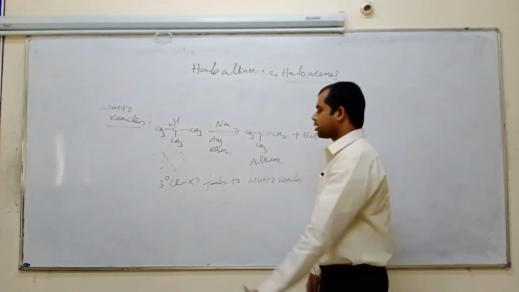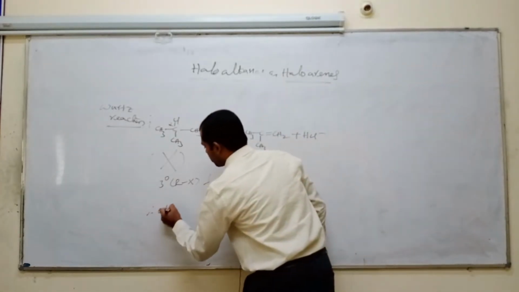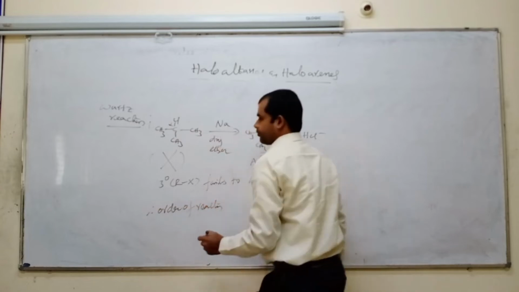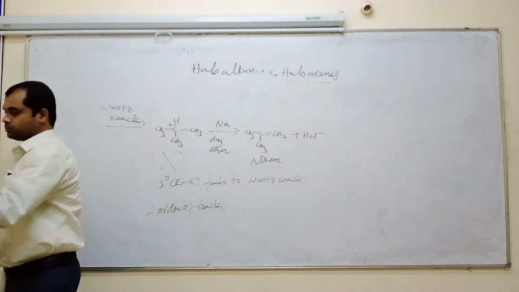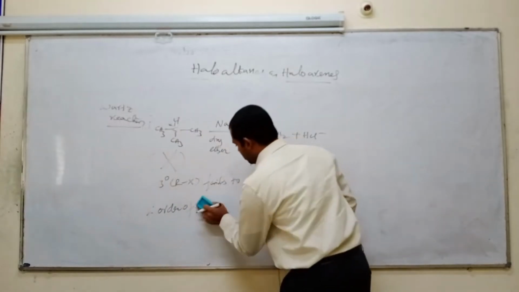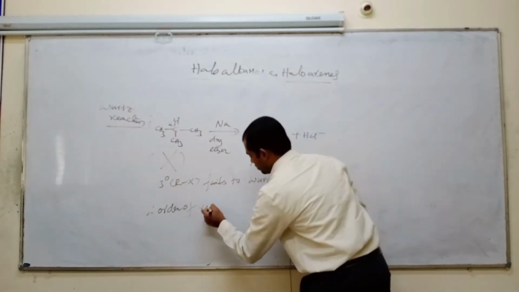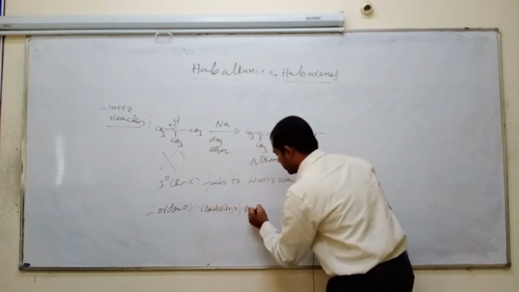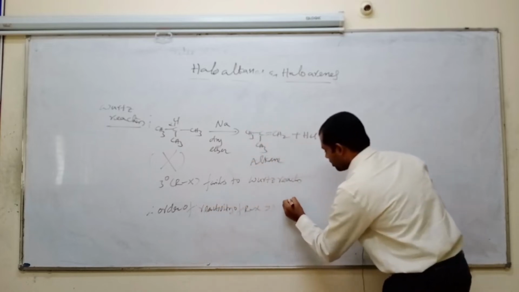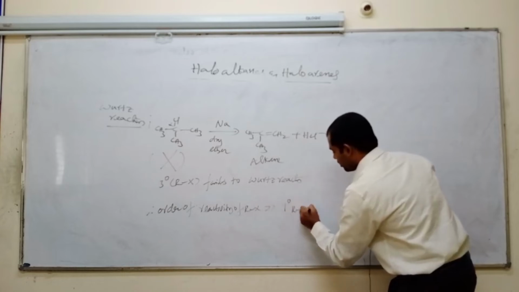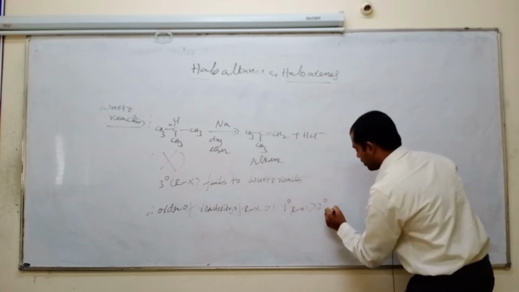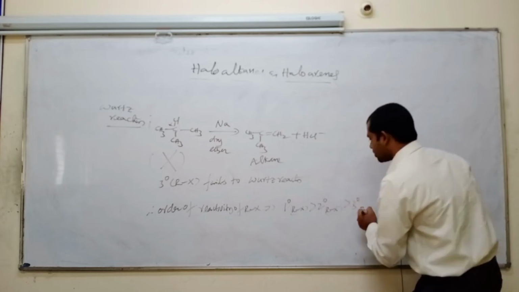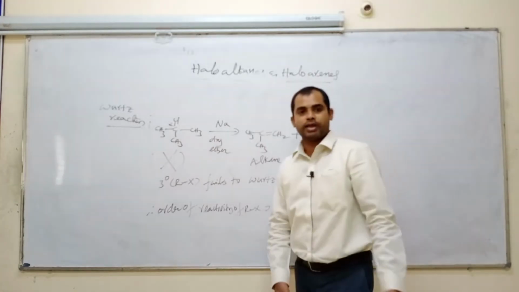So that's why the order of reactivity of alkyl halides is: first primary alkyl halide, then secondary alkyl halide, and least priority, tertiary alkyl halide. This is the order of reactivity of alkyl halides.